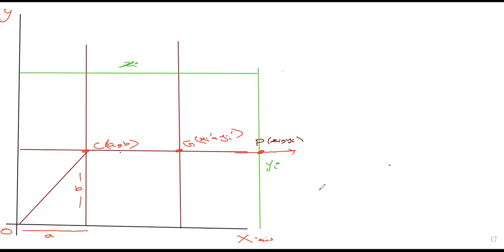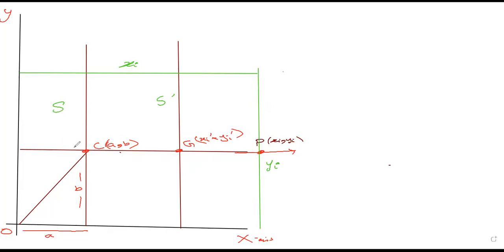I guess all the things are clear. Okay, let's say this is some plane S, to which some parallel plane is S dash, whose y coordinates are this, and x coordinates are this.